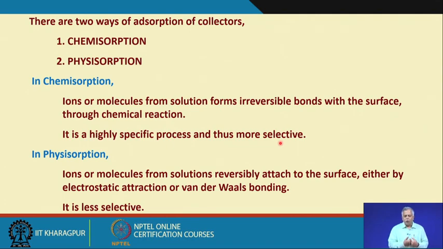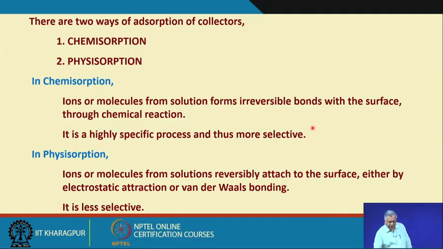Otherwise, this bond will not be stronger and they will not get adsorbed onto the surfaces of those ores or minerals. In physisorption, ions or molecules from solutions are reversibly attached to the surface.